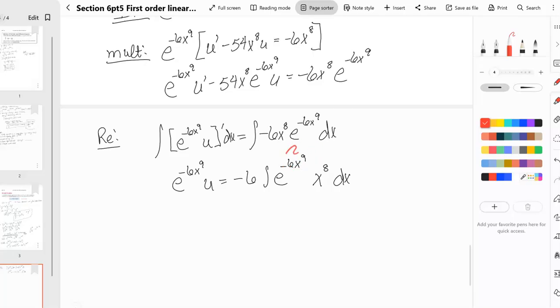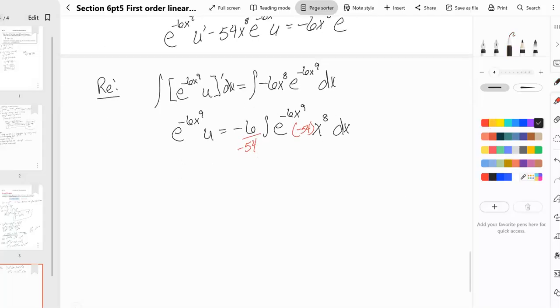My exponent on that exponential is the u. I would need a negative 54. I would compensate with a negative 1 over 54. So I'm going to have e to the negative 6x to the ninth times u is equal to 1 over 9. When I integrate, I get e to the u plus c.